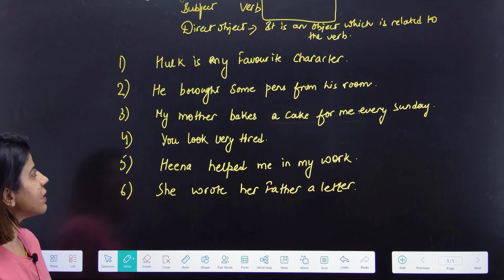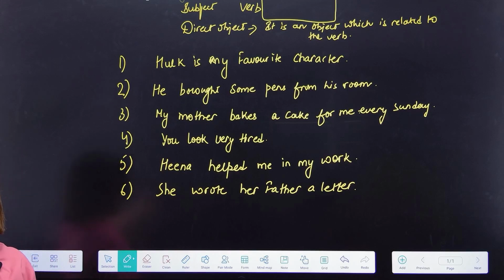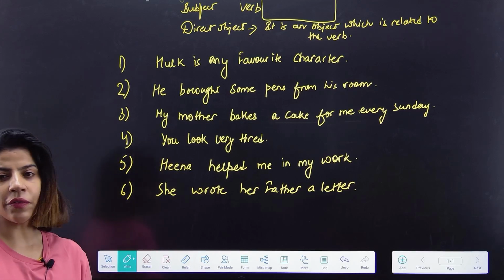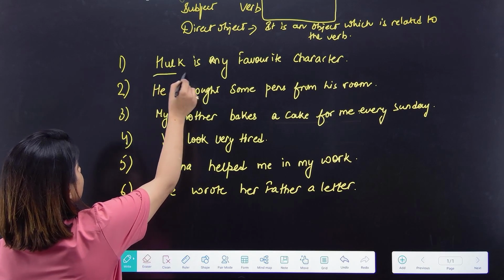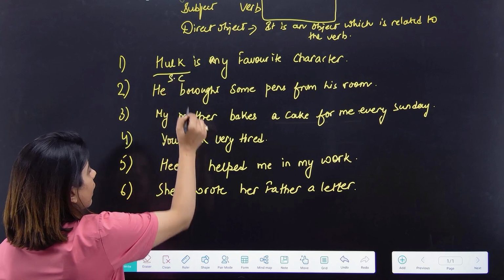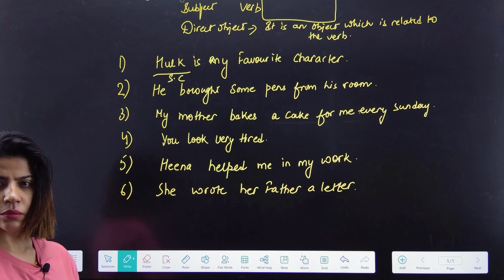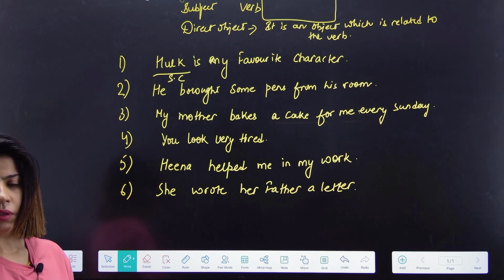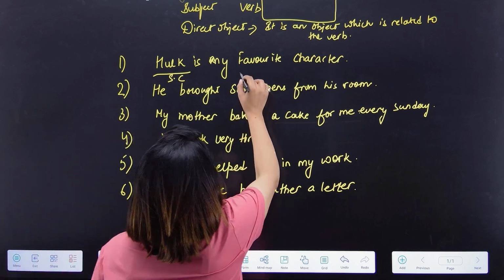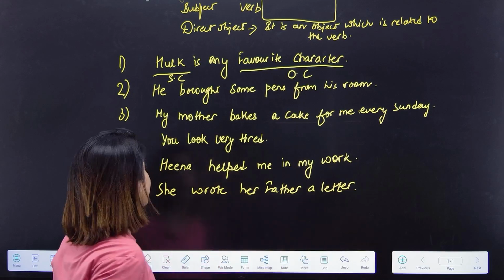The first sentence is Hulk is my favorite character. I'll start with the last row from you. Yes, sir. Hulk is my favorite character. Hulk, subjective case. Then favorite is not verb, favorite is adjective. Yes, favorite character is your objective case.